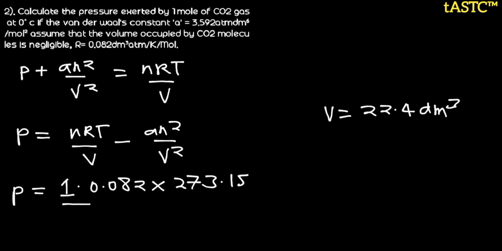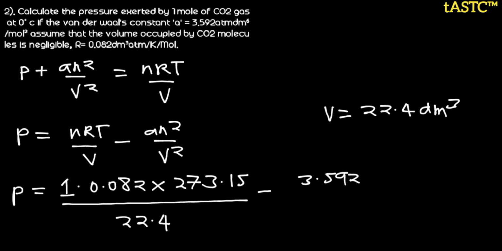Now we have the volume to be 22.4, and this will be minus an^2 divided by V^2. What is a? A in this case is 3.592, multiplied by 1 squared, divided by V^2. So that is 22.4 all squared.